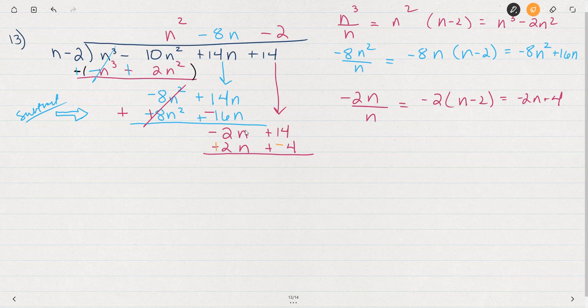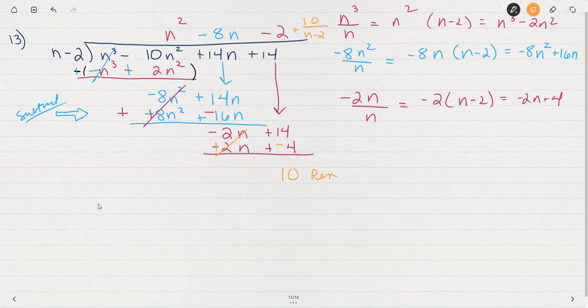Negative 2n plus 2n always cancels out if I've not made a mistake. And then 14 minus 4 is positive 10, which is the remainder. Sometimes your textbook is going to want you to write that remainder as 10 over n minus 2.